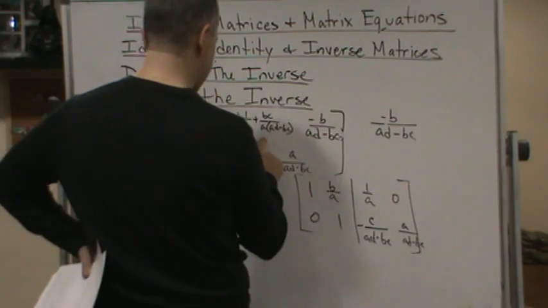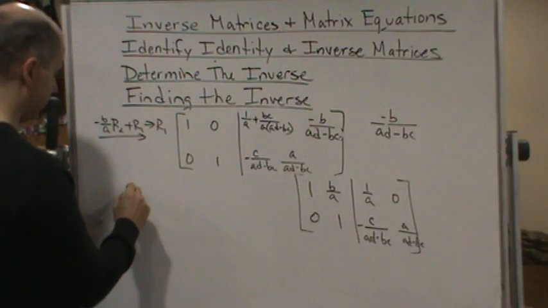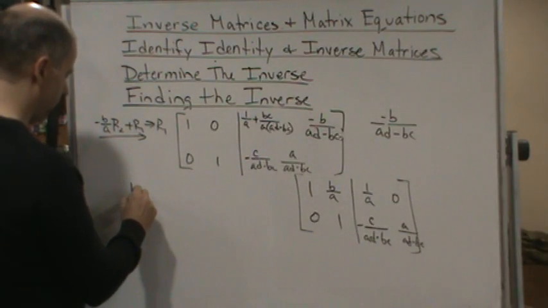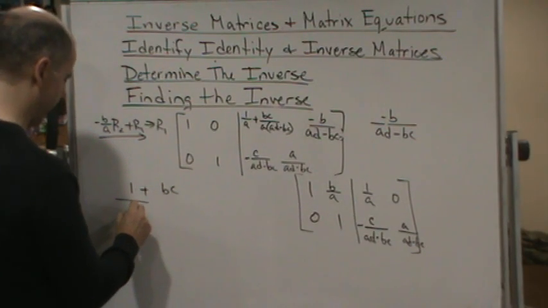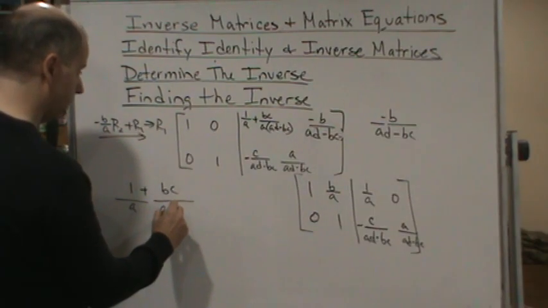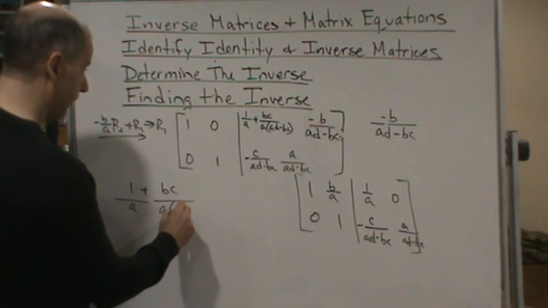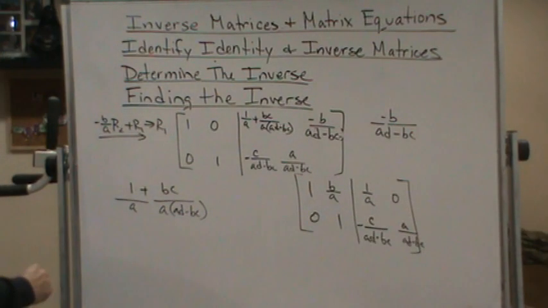Okay, so let's do this here. Let's simplify this. We're going to have to do some algebra here to simplify this, right? So it's going to be 1 plus BC, so this is 1 over A, and then this is AD minus BC, right? Okay, so now let's get a common denominator.